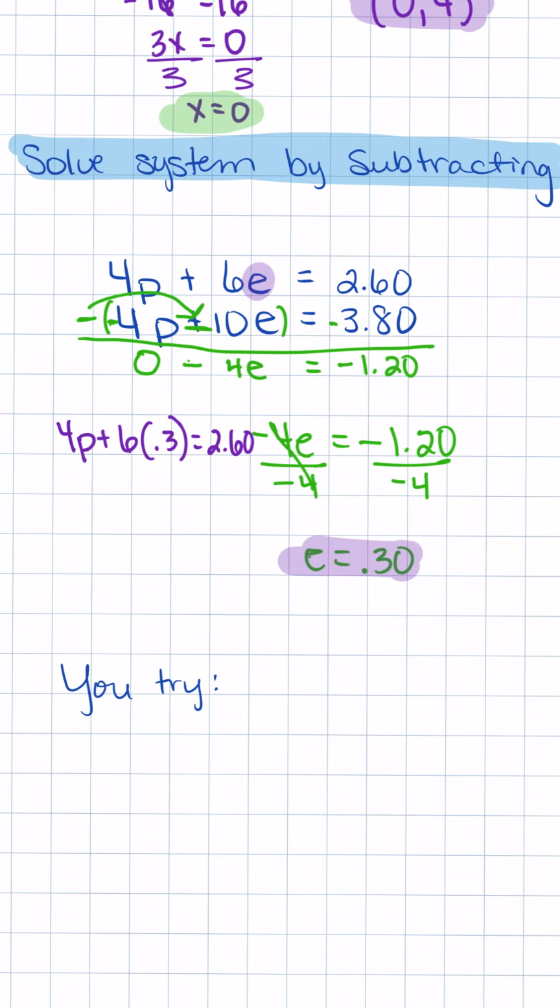So then we multiply that in, 4p plus 1.8 equals 2.6. Let's subtract 1.8 from both sides. Isolating the p, those cross out. We have 2.6 minus 1.8. That's going to equal 0.8.